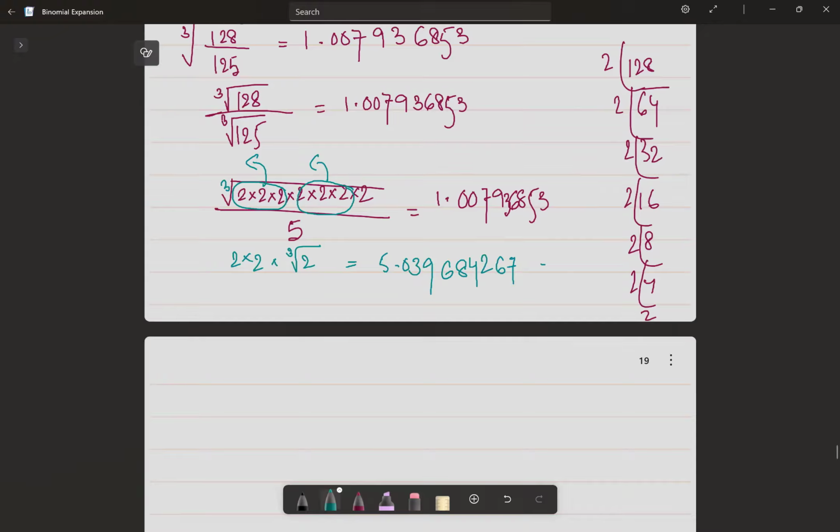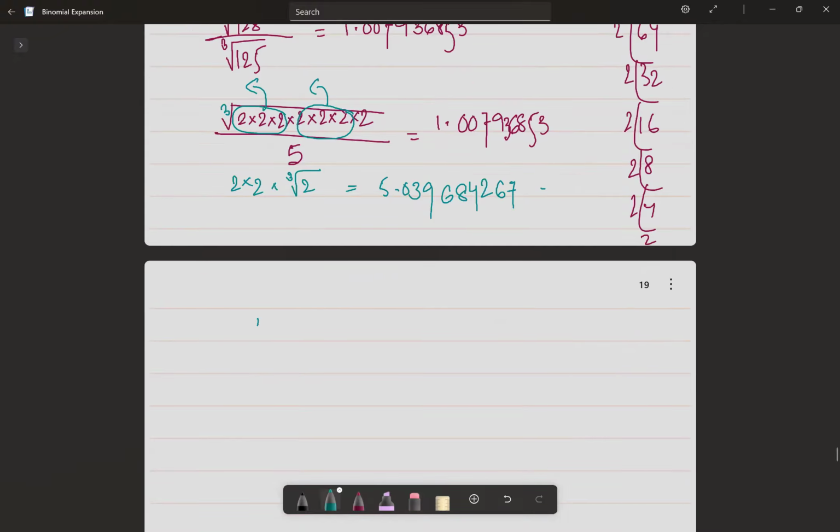Now, this 2 into 2 gets multiplied, and we get 4 in here. So we have 4 into cube root of 2, which is equal to 5.039684267. This 4 goes and gets divided in there.